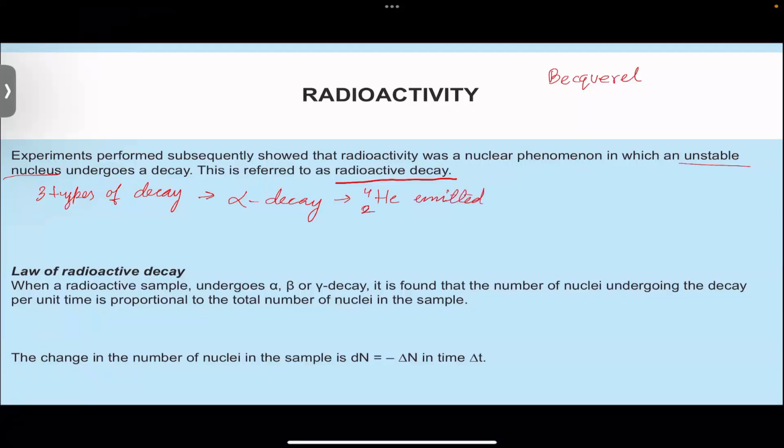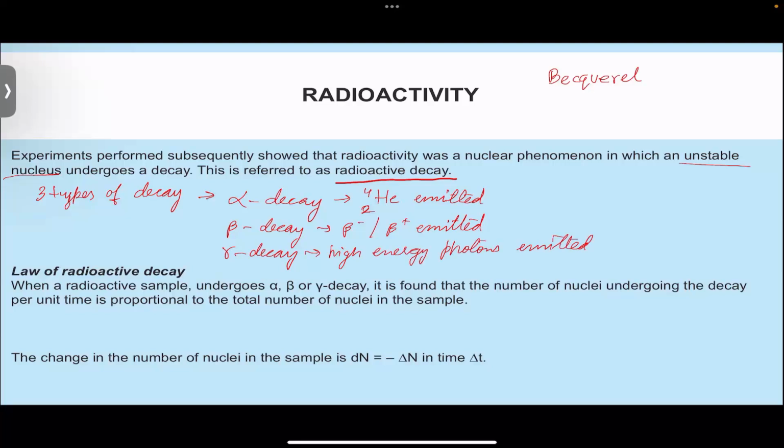Then you have beta decay, in which either electrons, that is negative beta particles, or positive beta particles, that is positrons, are emitted. And then you have gamma decay, in which high energy photons are emitted. So these are the three types of decay, and we will learn about each of them.